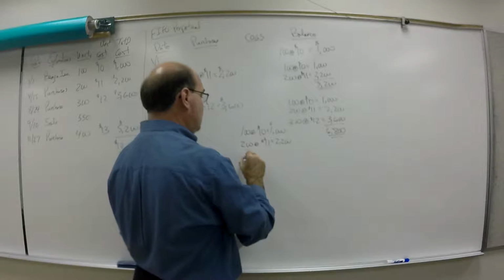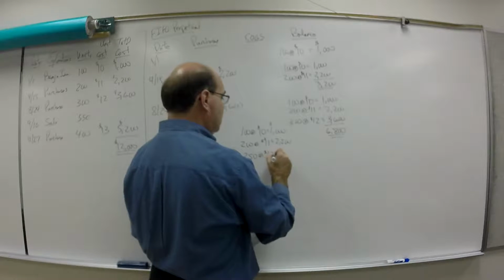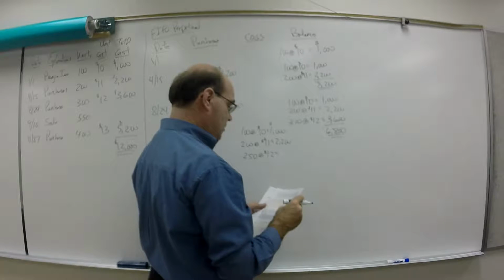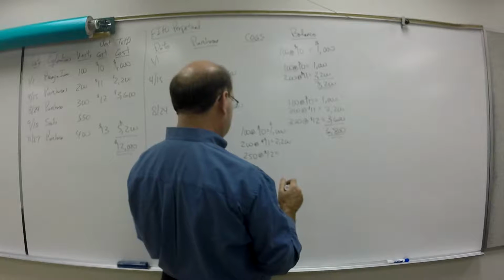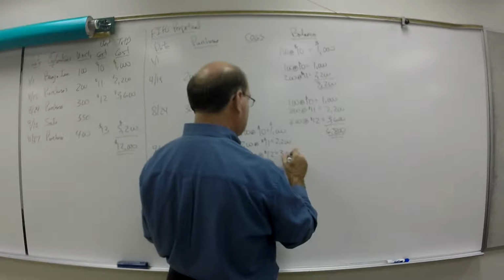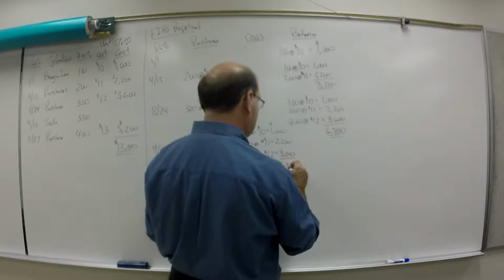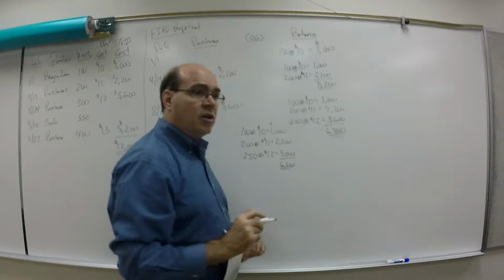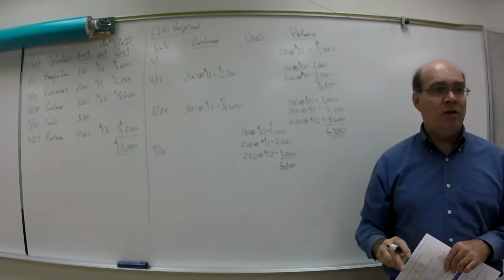We do, so we take 250 out of that layer of 300 at 12. What does that give us? Do the math. That's 12 times 250. Is that 3,000? I hope so. And so that's going to give us a total of $6,200. So our cost of goods sold for that transaction was $6,200.